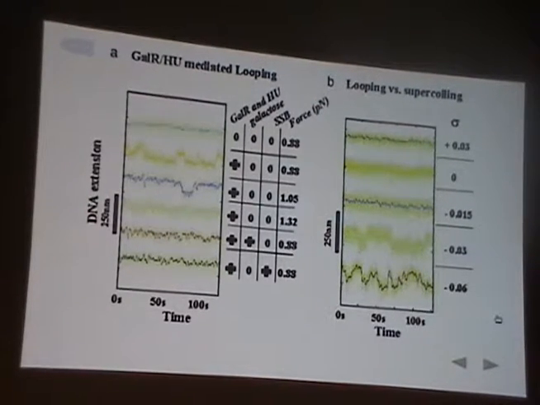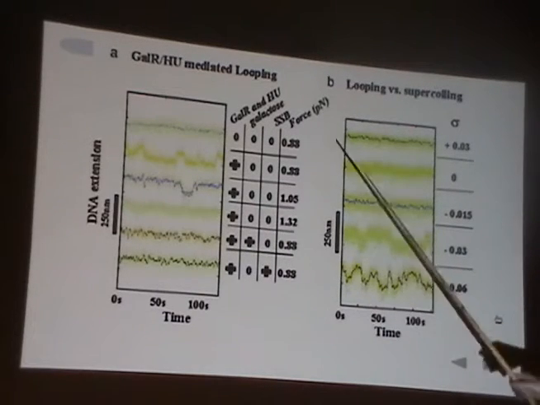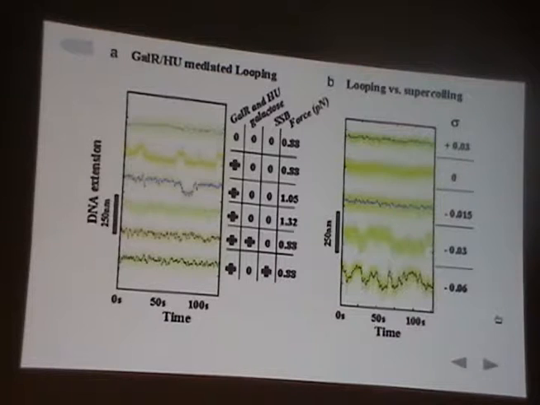So in order to measure what people usually do in biochemistry, meaning the ratio of the different concentrations, we are going to take a long time trace like this, where we have fluctuations at different forces. And we are going to see what proportion of the time I spend in the open state, and what proportion of the time I spend in the closed state.